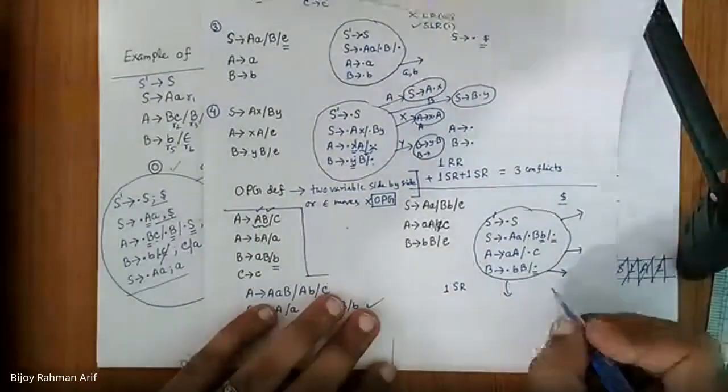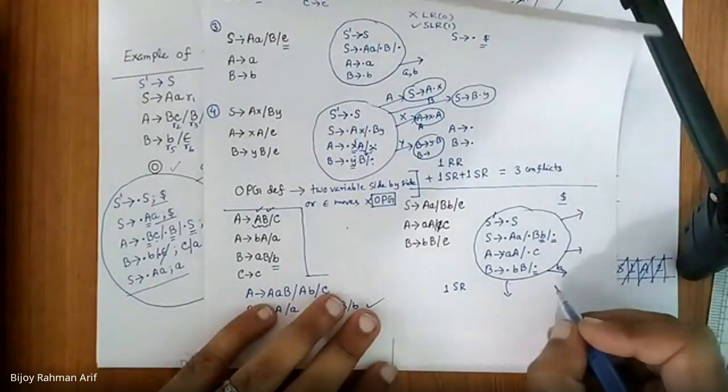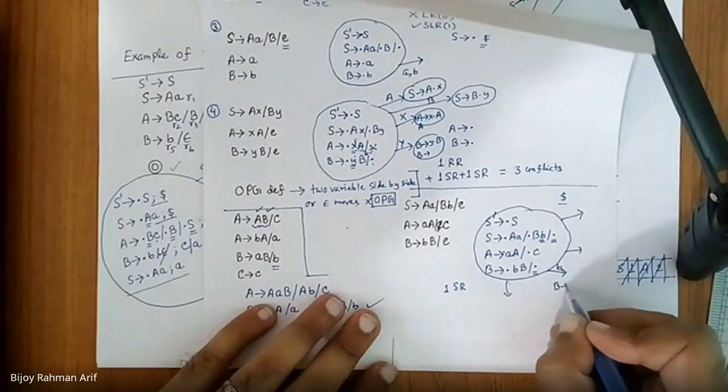B. Then it goes. If you move on B, we get B derives.